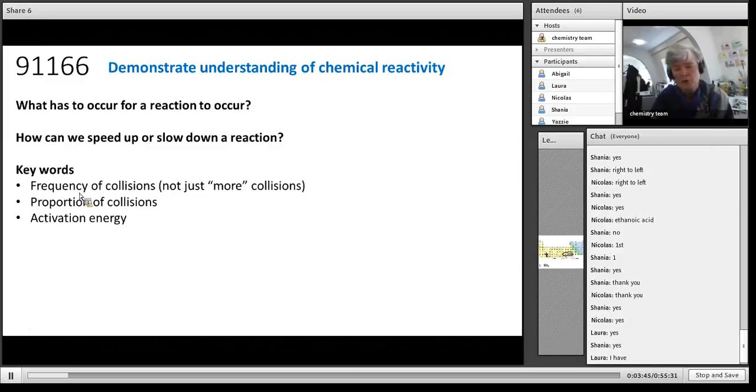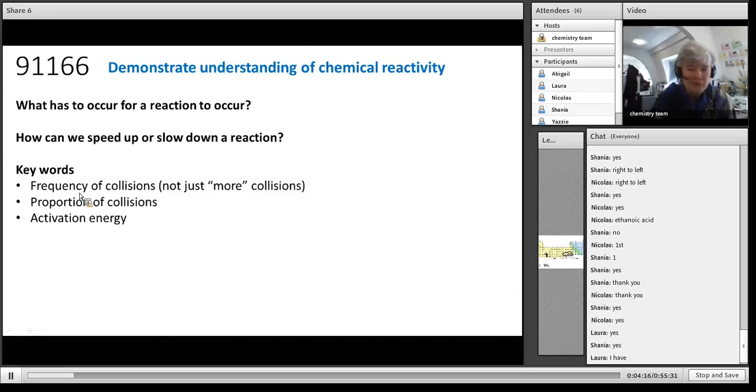First of all, rate is per unit time. So how many collisions happen that cause a reaction for every second or for every hour or for every day? It's per unit time. You can't just say more collisions, because if I compare 7 collisions to 1 collision, do you think 7 collisions is more than 1?